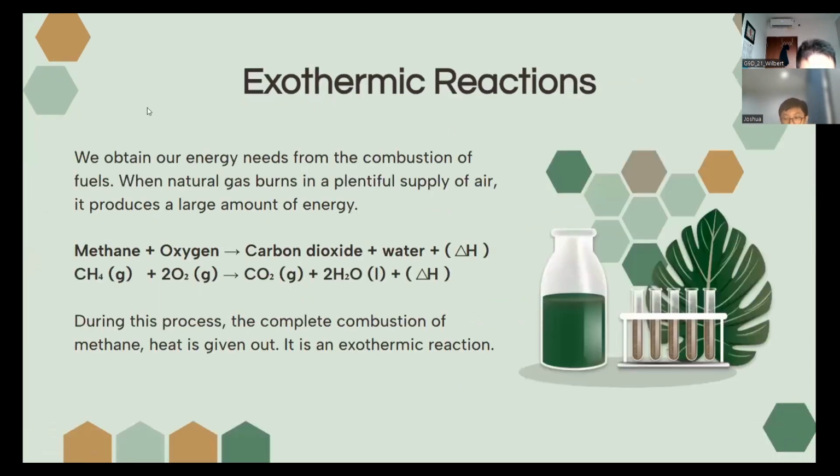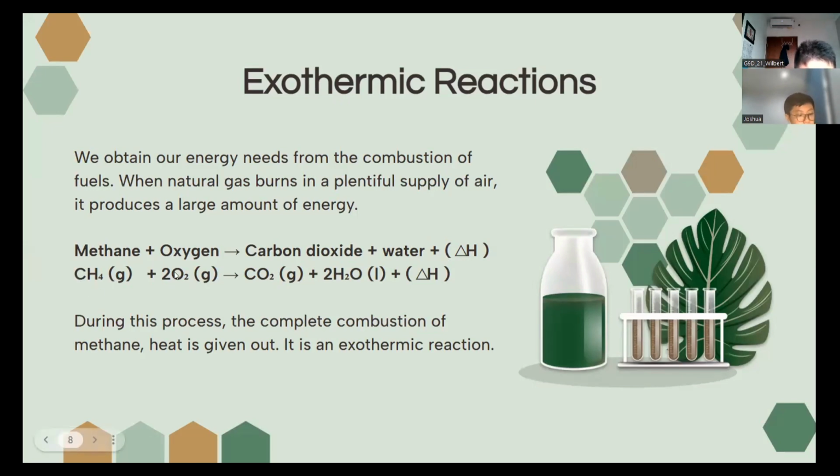Exothermic reactions. We obtain exothermic reactions from the combustion of fuels. When natural gas burns in a plentiful supply of air, it produces a large amount of energy. Methane plus oxygen equals carbon dioxide plus water plus enthalpy change of heat.